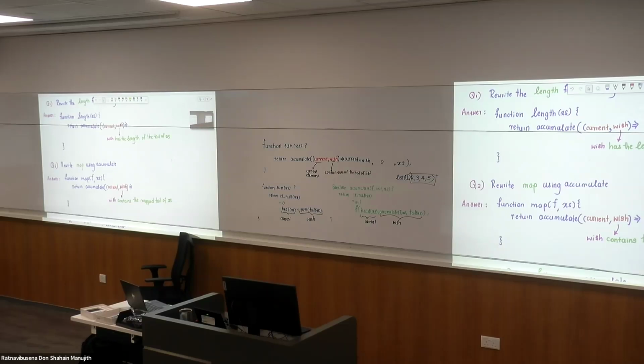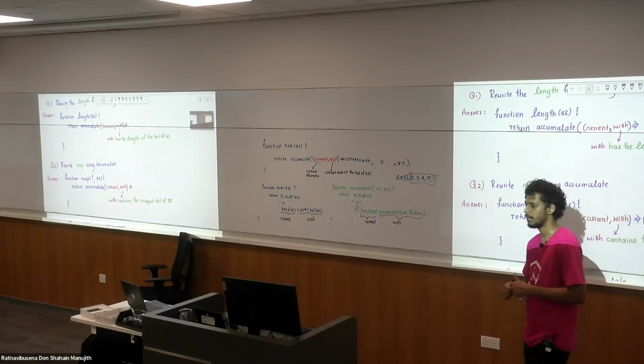I need to pair f of current to wish. That's all. And then my initial condition is null, and then xs. Okay, that's all.